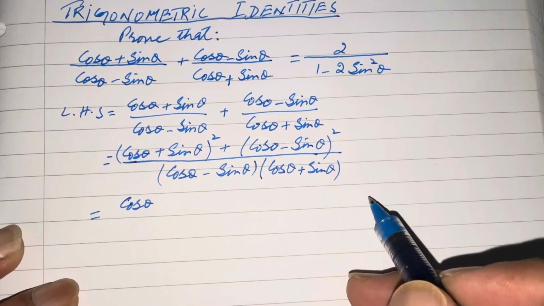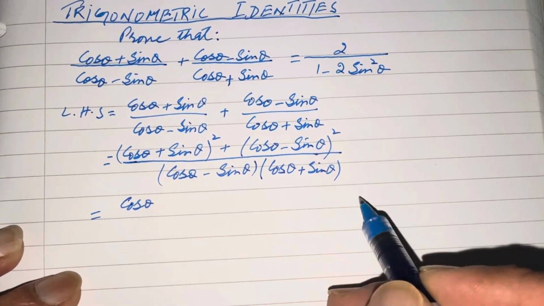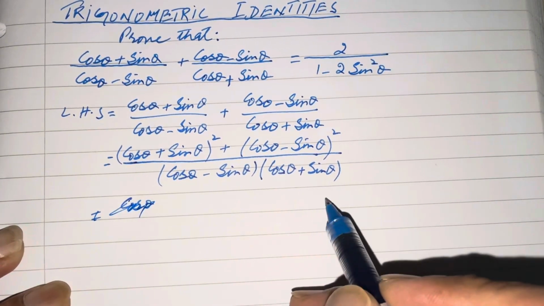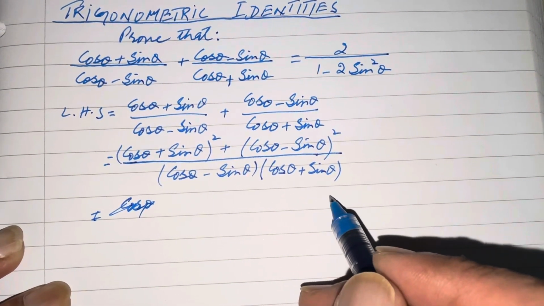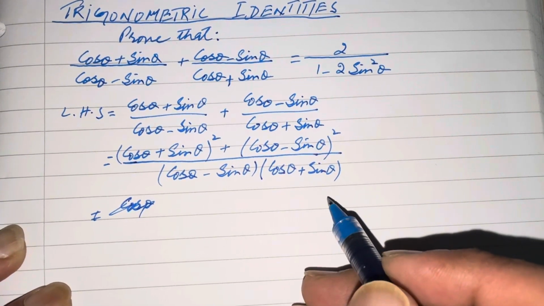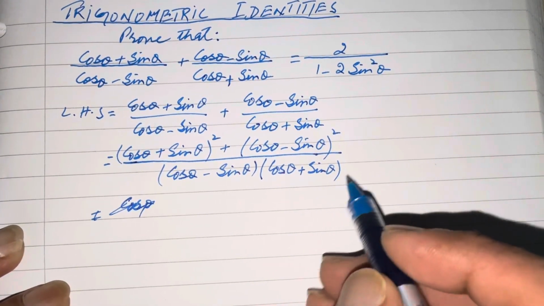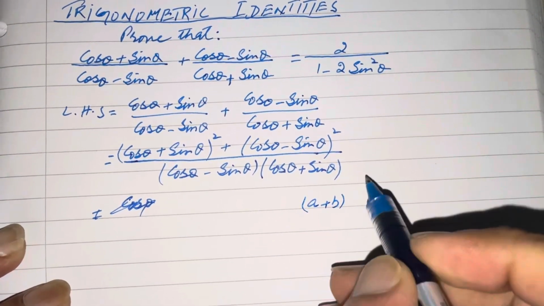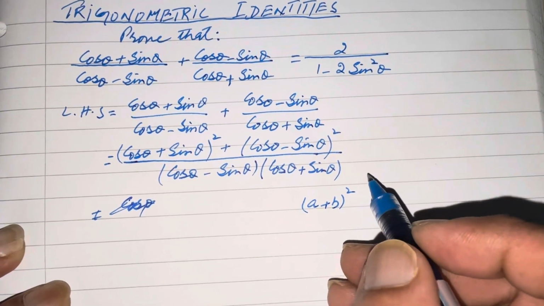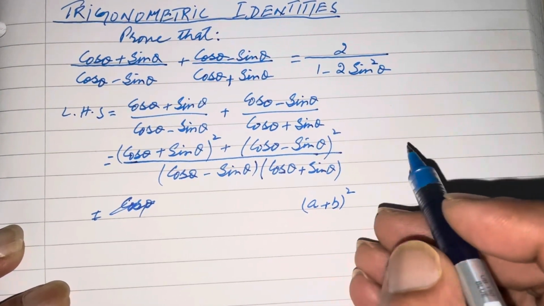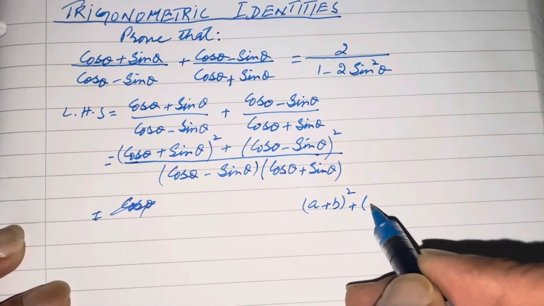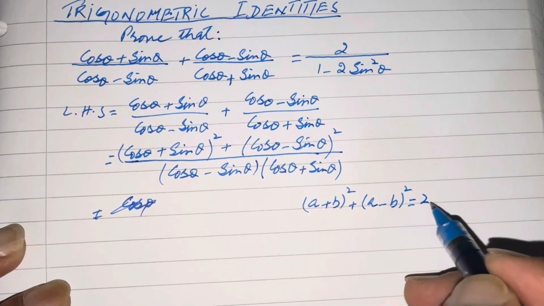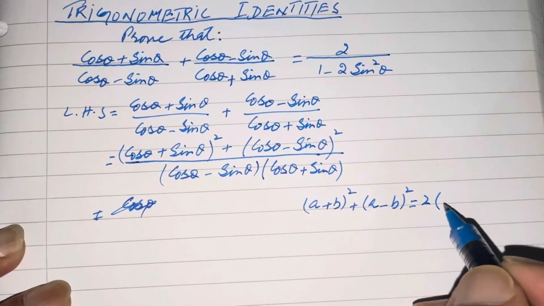The couple of algebraic identities that we know: (a plus b) square plus (a minus b) square is equal to 2 into (a square plus b square).